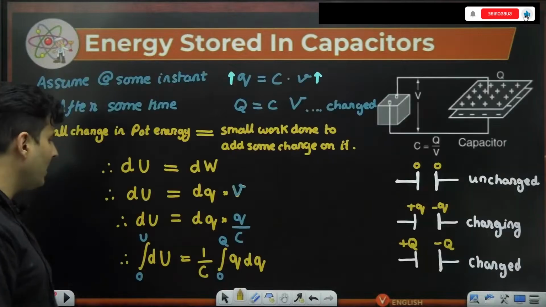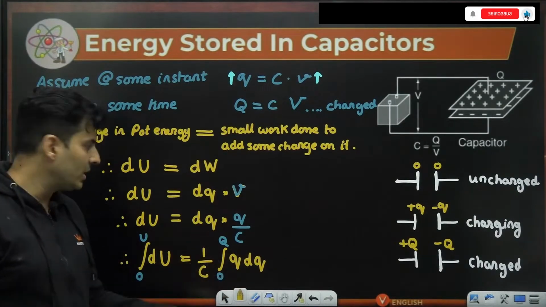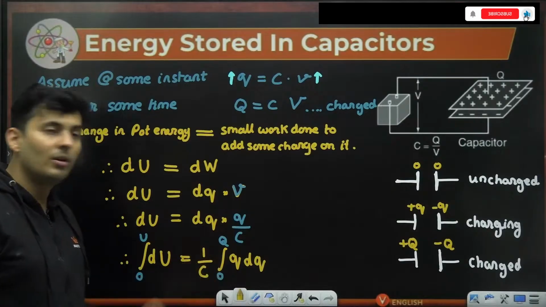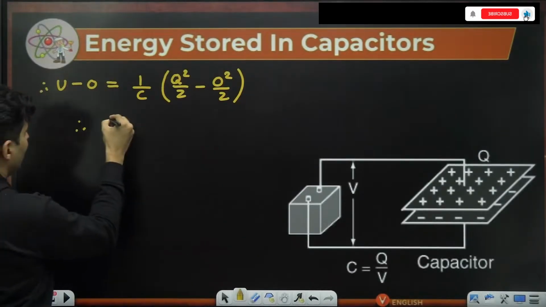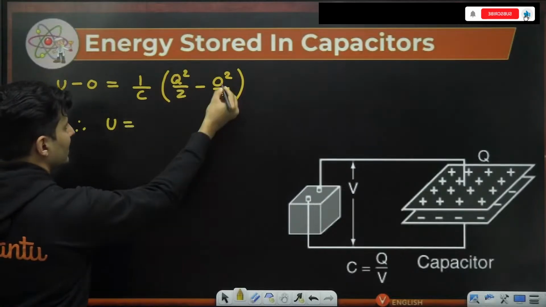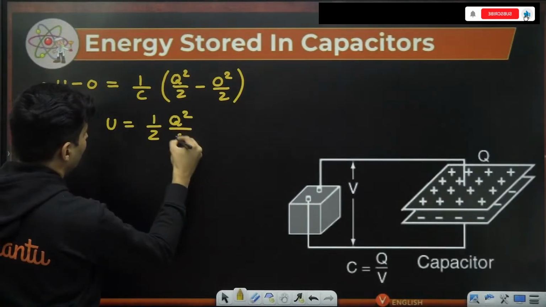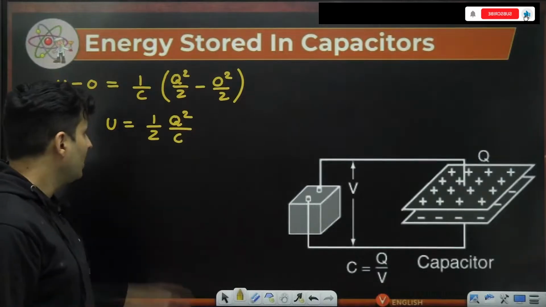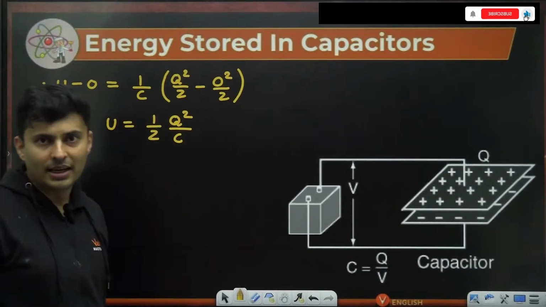Yes, everybody with me? First you will put the upper limit, then you will put the lower limit. So therefore, U is equal to, this is 0 only, so it will be half Q square divided by C. Perfect.